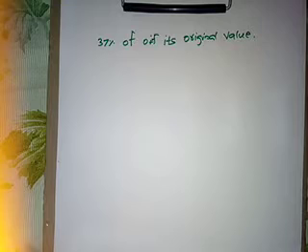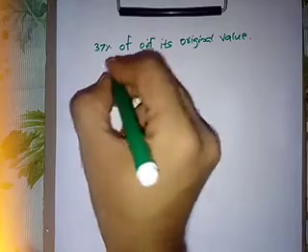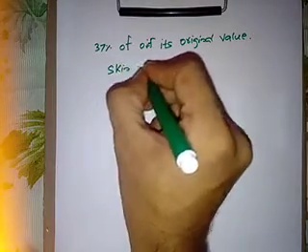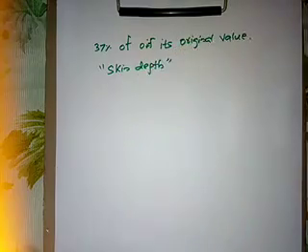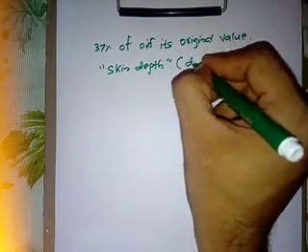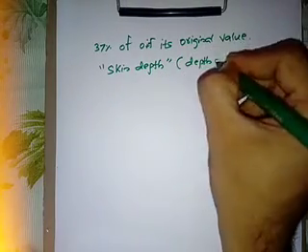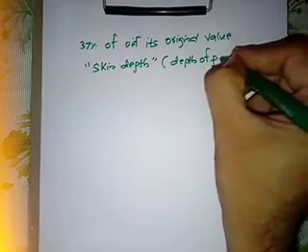So this distance, that is the distance for which the amplitude of the waveform reduces to 37% of its original value, is called skin depth, or it is also called depth of penetration.